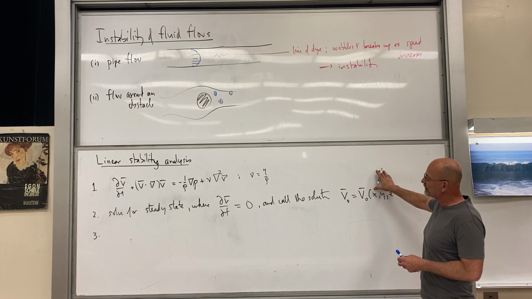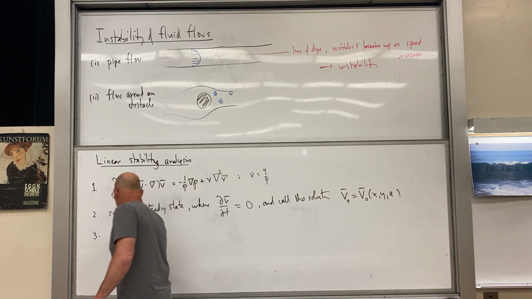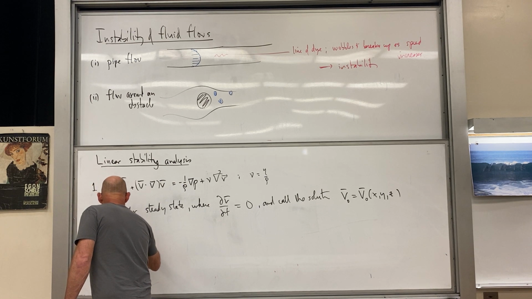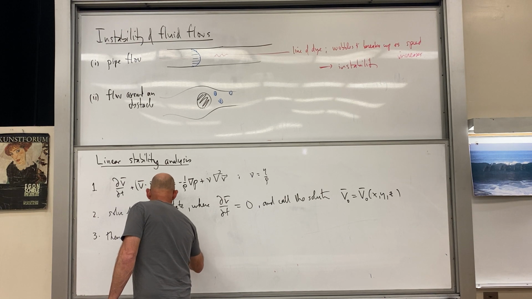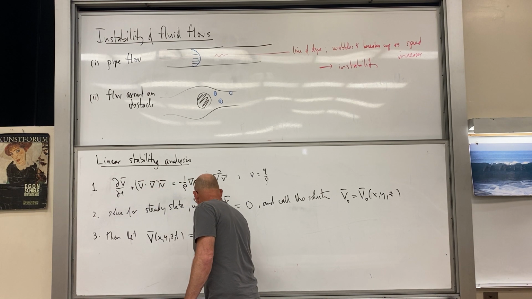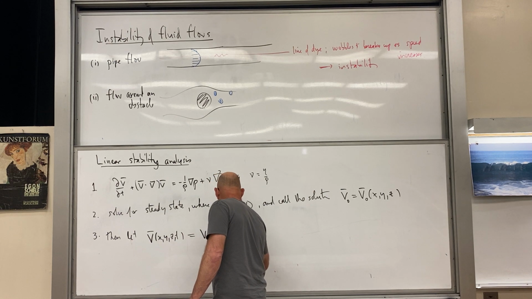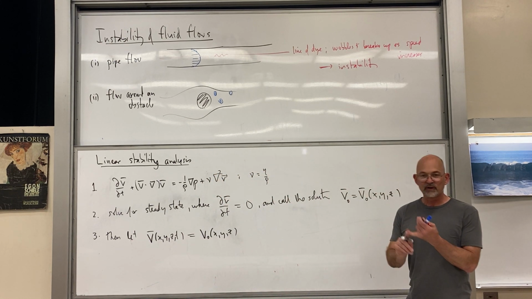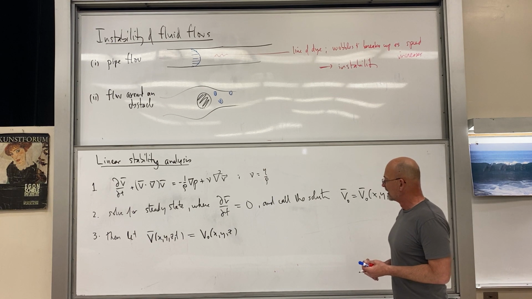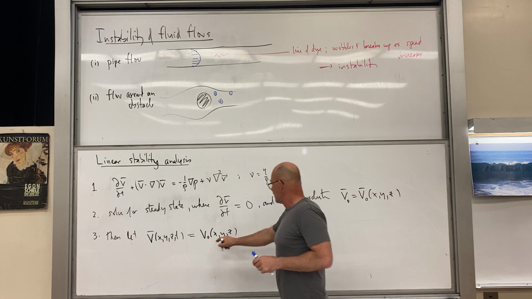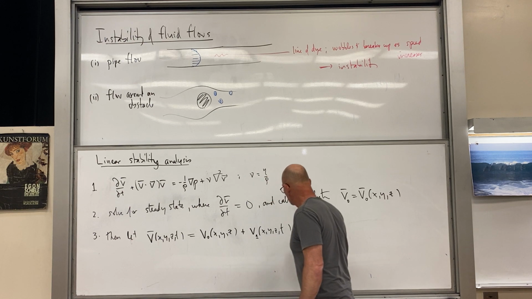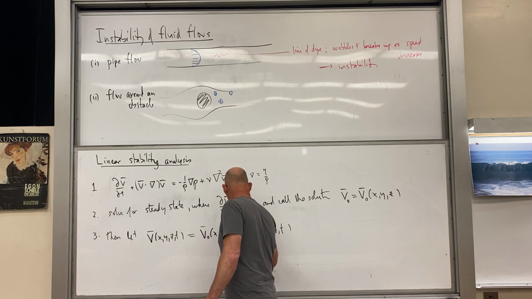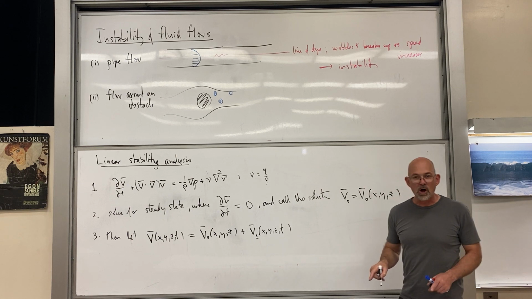So this is the time independent. So then let v of x, y, z, and t be equal to this v0 that we supposedly found. Actually, we did find a couple of them. We found our channel flows, right? And we could find one or two more. So v0 of just position plus v1 of position and time. These are all vectors.